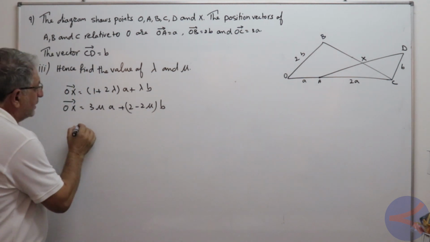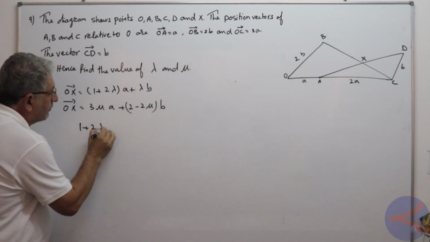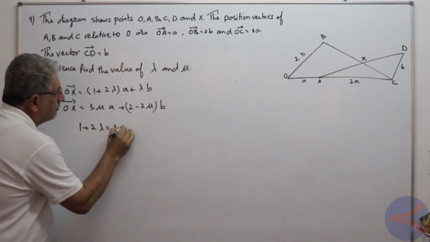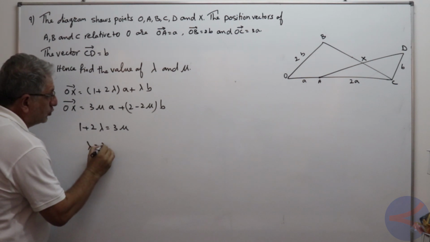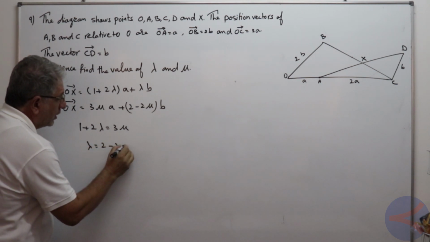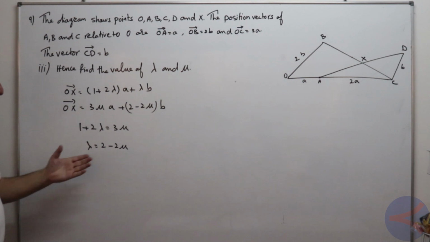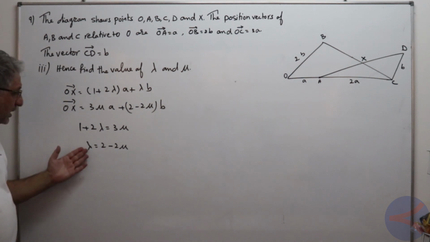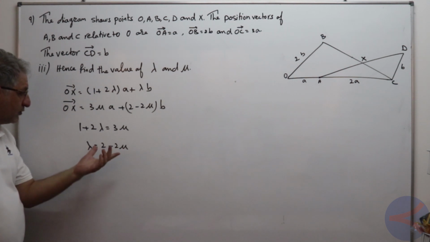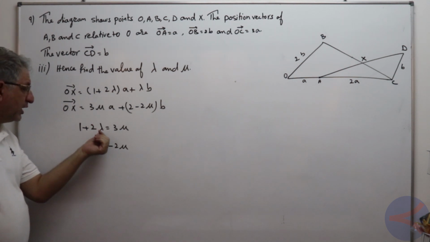So we are going to get 1 plus 2 lambda is equal to 3 mu, and lambda is equal to 2 minus 2 mu. You can see that we are having two equations with two unknowns. From here we know that lambda is equal to this, so we just substitute this value here.